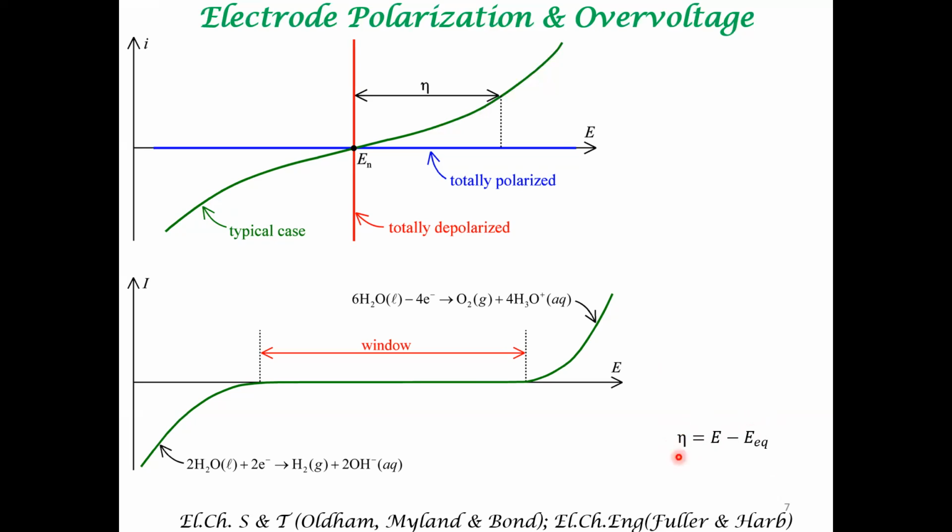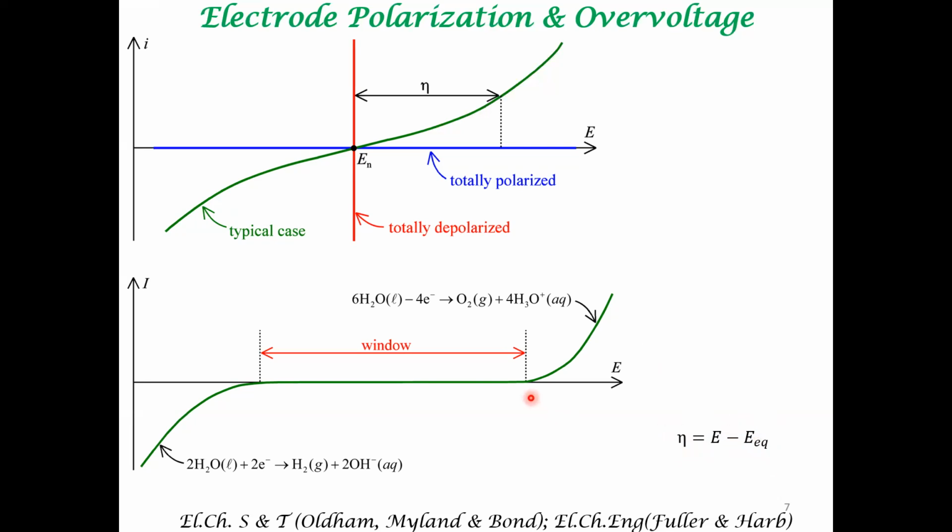In this case, we are discussing the overpotential for oxygen evolution. I can define, based on thermodynamics, the minimum thermodynamic potential that is required for oxygen evolution, and I can define the overpotential for the electrode as the electrode potential minus that minimum potential.